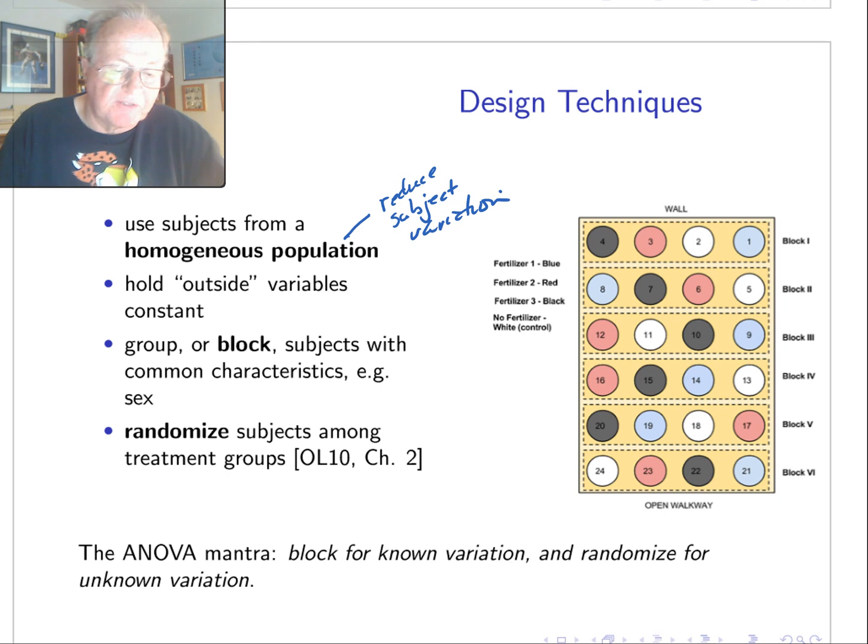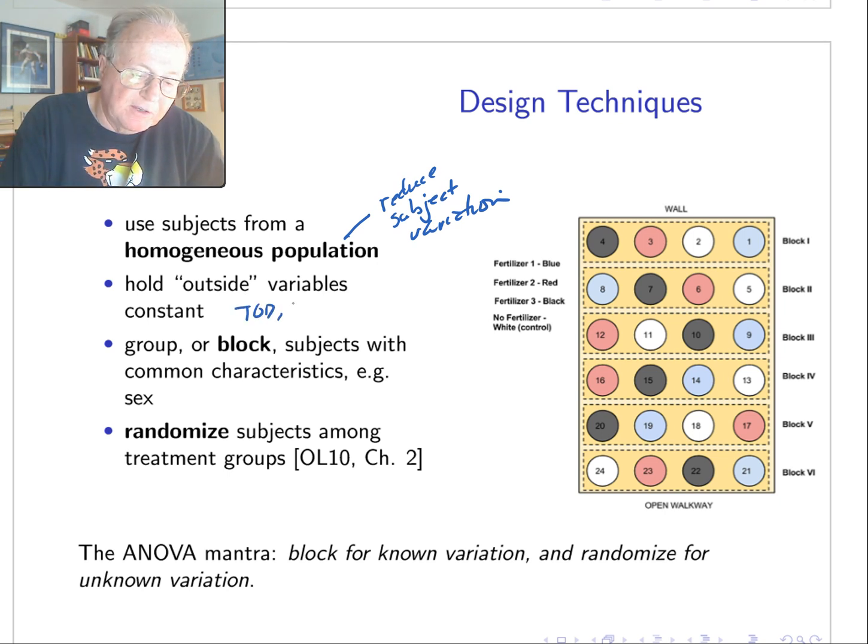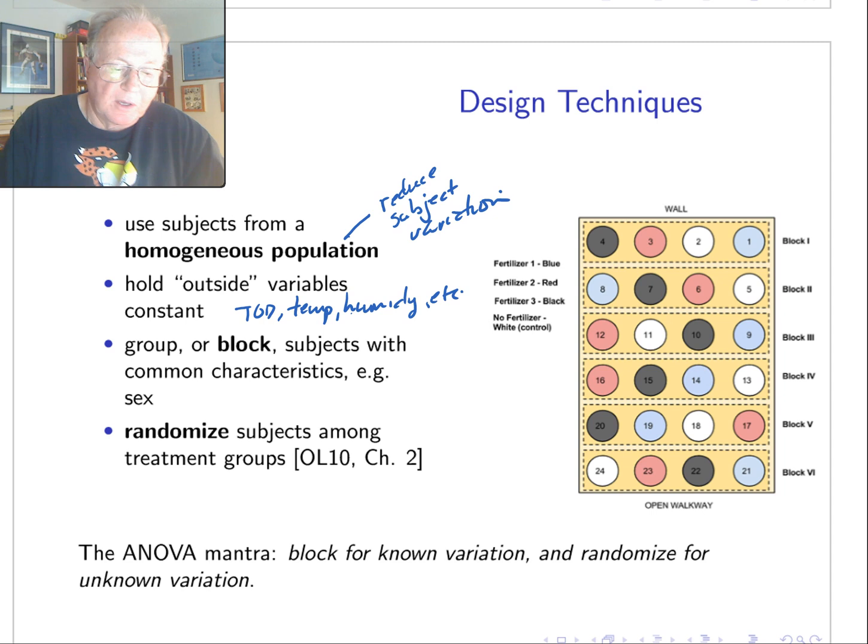Hold outside variables constant, which could be time of day, temperature, humidity, etc. We can group or block subjects with common characteristics, e.g. sex. That is, one group is women, one group is men, and then each group gets all the treatments. And then finally, we can randomize subjects among the treatment groups.